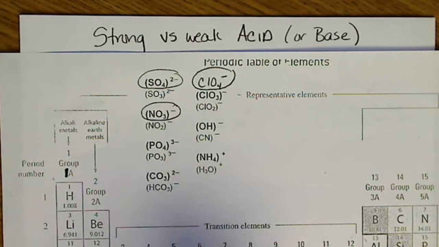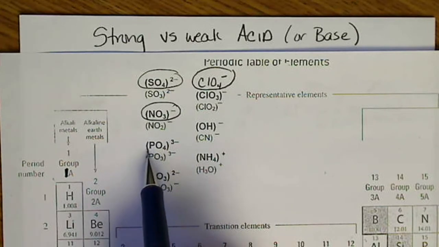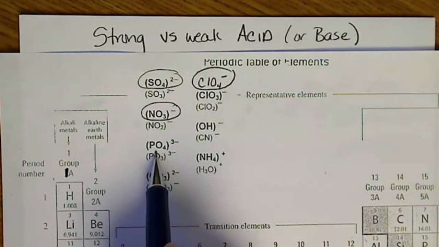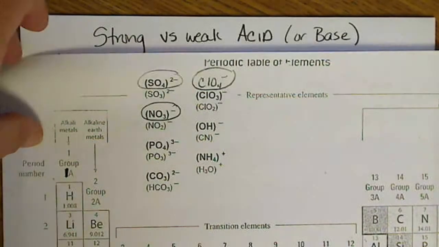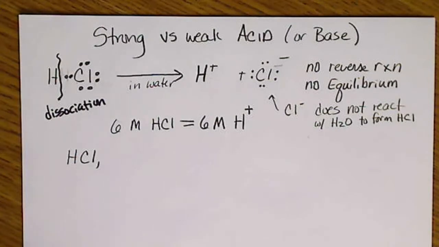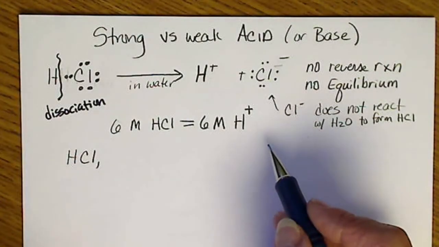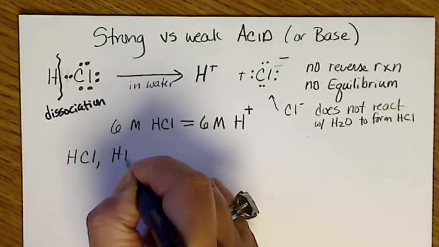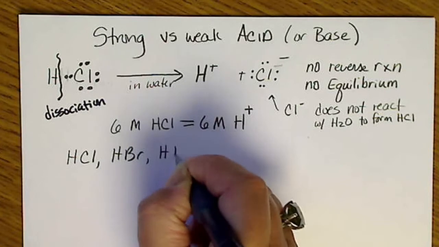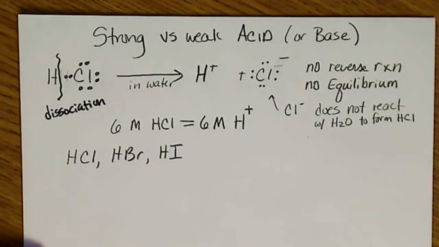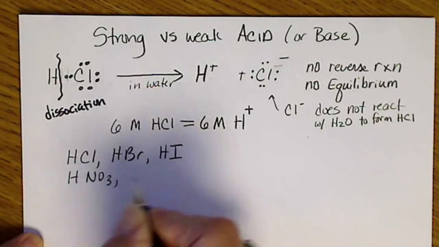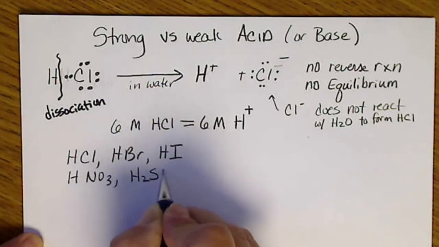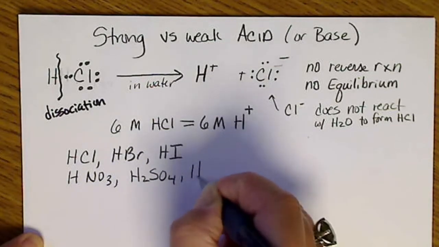We're going to see phosphoric acid, and that's going to be on an equilibrium table. So that's another way to tell if the acid is strong, is we will not find an equilibrium constant for it. But HCl, HBr, HI, those are strong acids, as is nitric acid, sulfuric acid, and perchloric acid.